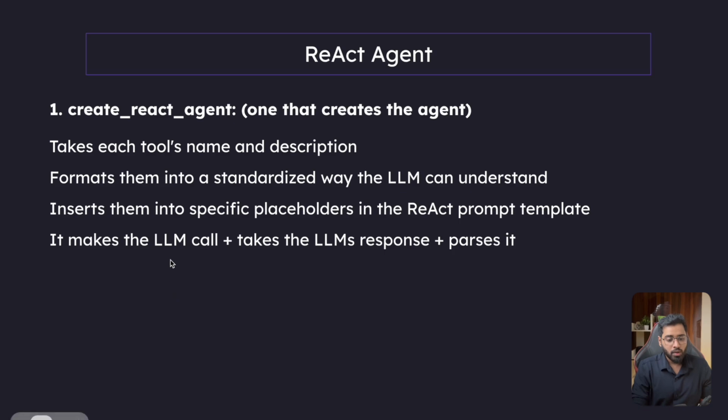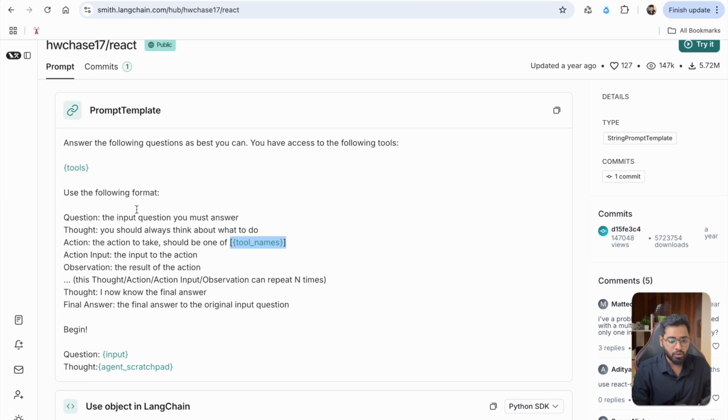All right. Not just that, it doesn't just do the merging, it also makes the LLM call. So the LLM is now going to proceed forward with generating the question, thought, action, and action input.